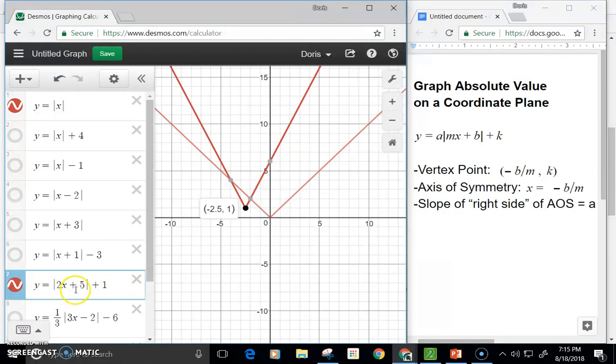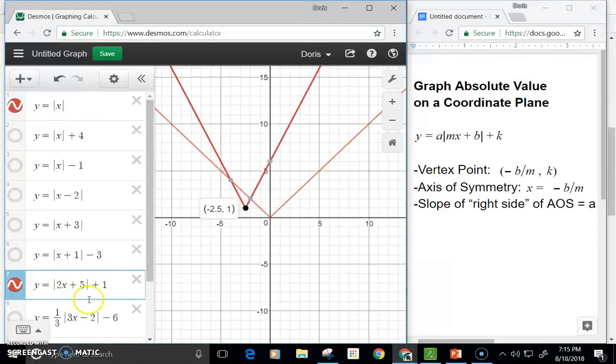So if I take this 2x plus 5 and solve it for x, when I've set it equal to 0, I would get -5/2. And that is, in fact, -2.5. Notice that that is actually the x value for this vertex point. And that is also where the axis of symmetry will be.